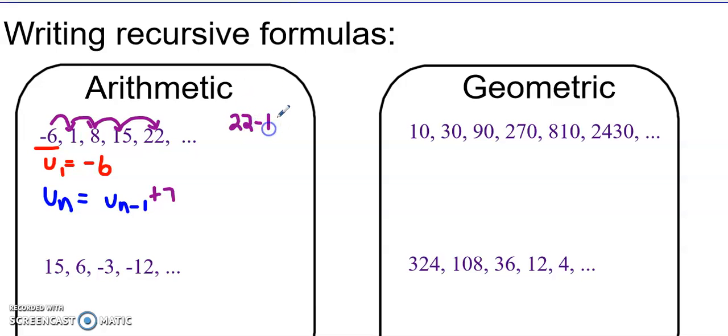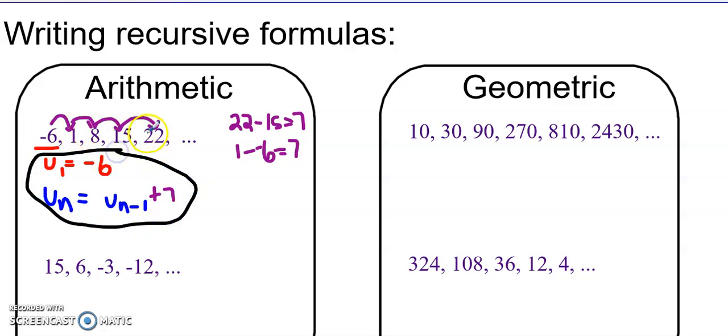So if I take 22 minus 15, I'm going to get 7. If I take 1 minus -6, I'm going to get 7. So this recursive formula describes this pattern of numbers.